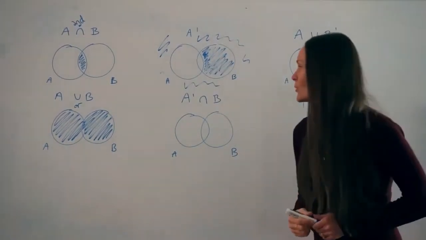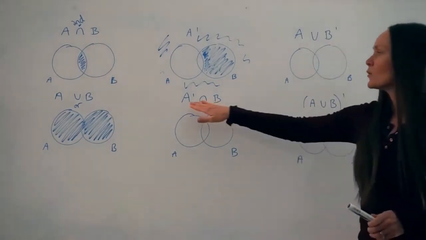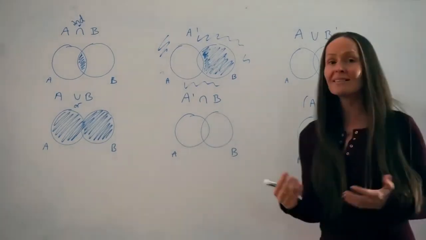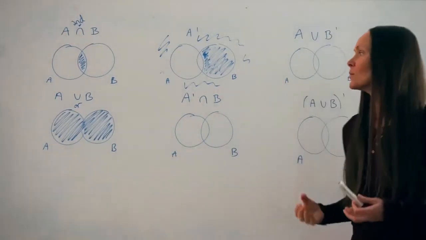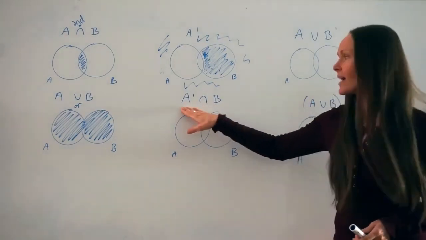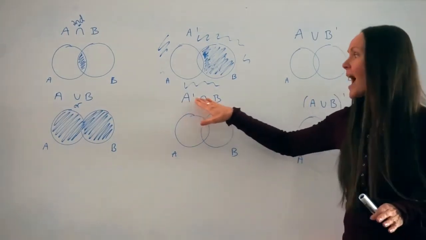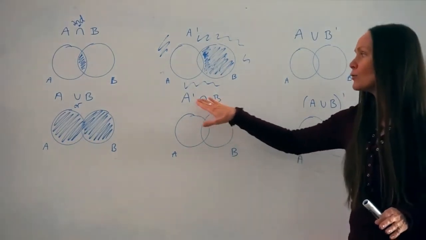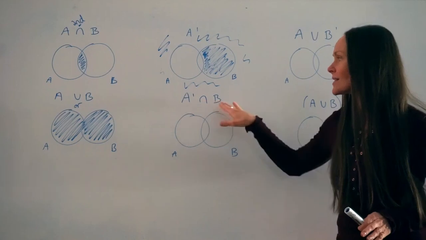In the next example, it says we have to shade the complement of A intersection B. Now remember I said to associate the intersection symbol with the word "and". So we're shading the complement of A, so everything that's not in A, and at the same time, it has to be in set B. Remember, it has to agree with both at the same time.